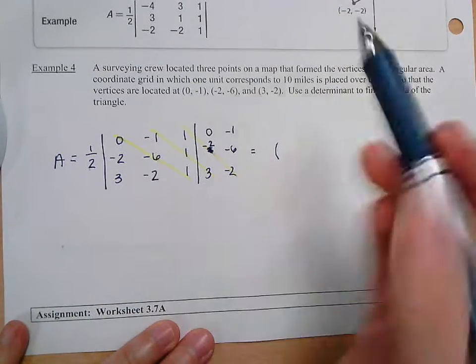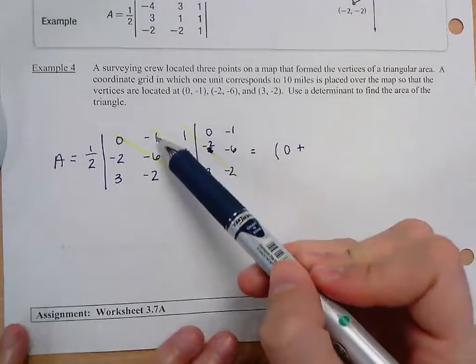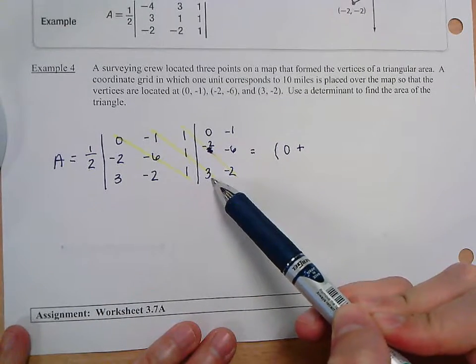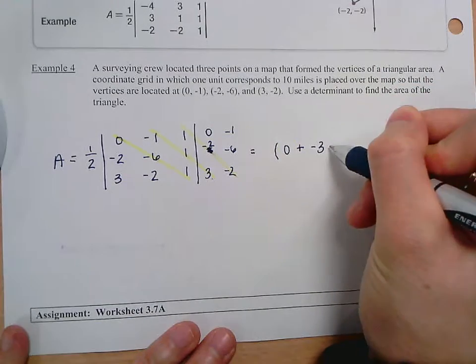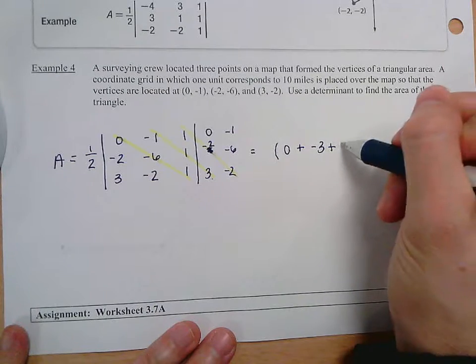First product, because of the 0, would just be 0, plus the second product should be -3, and the third should be 4.